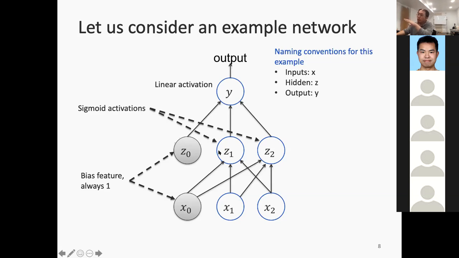We just do a linear combination of the inputs Z0, Z1, Z2, and then output. Or in other words, you can view it as a linear activation function. Is everybody clear? Any question?